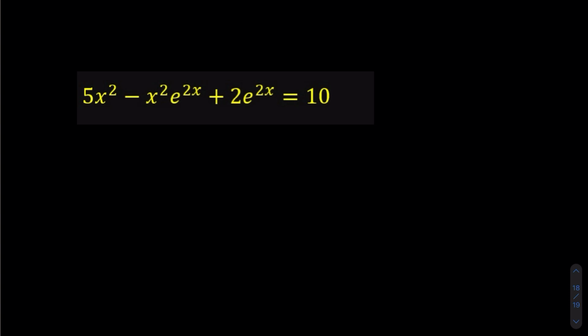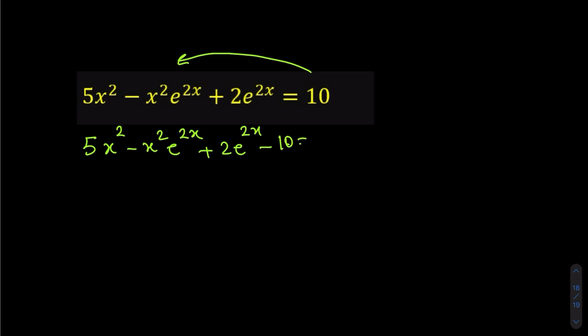So the first step is to move 10 to the other side of the equation. I will rearrange the equation here: 5x to the power of 2 minus x to the power of 2 times e to the power of 2x plus 2e to the power of 2x minus 10 is equal to 0.